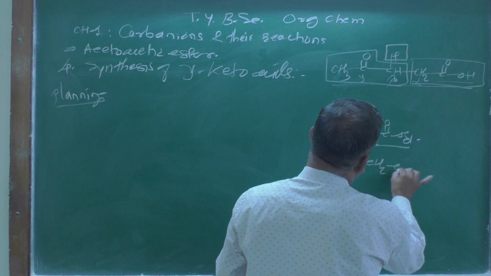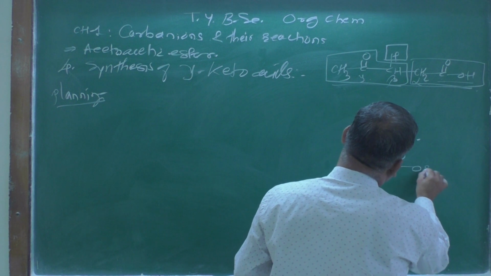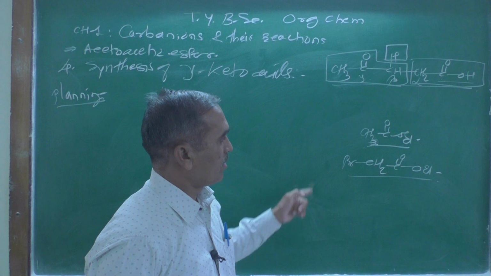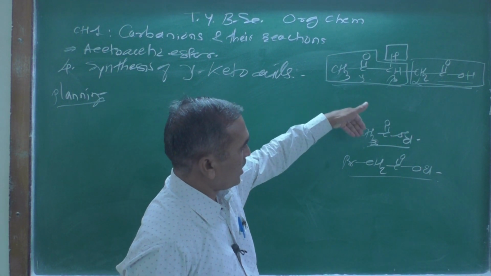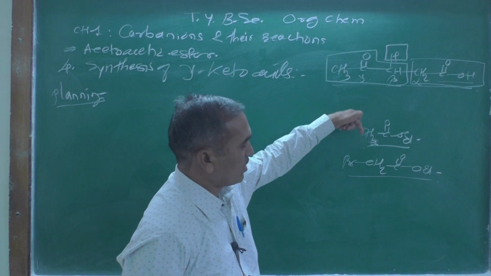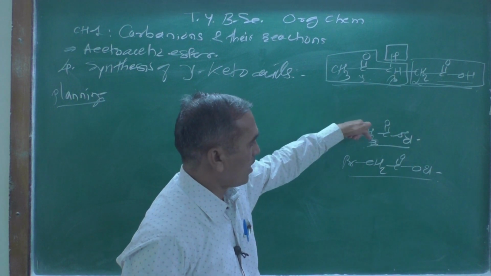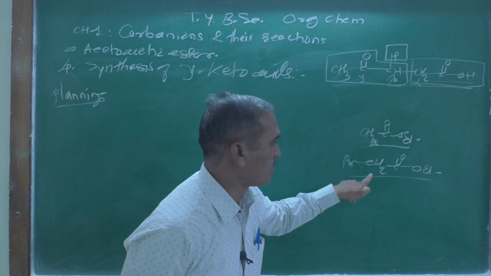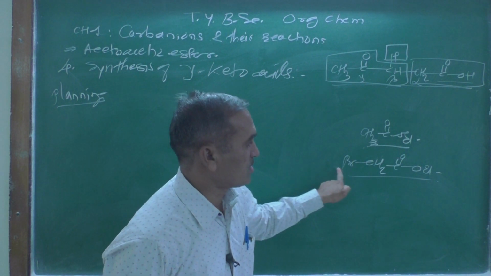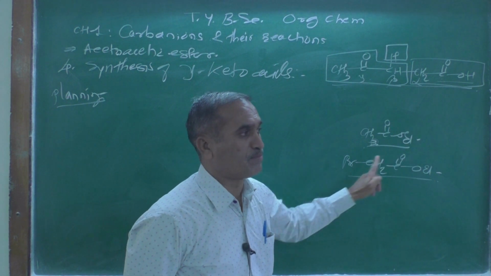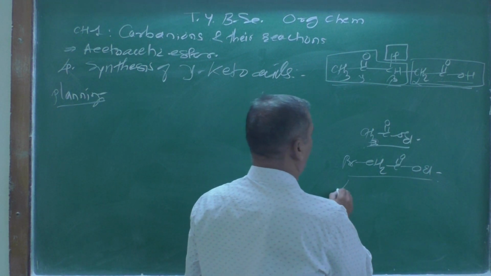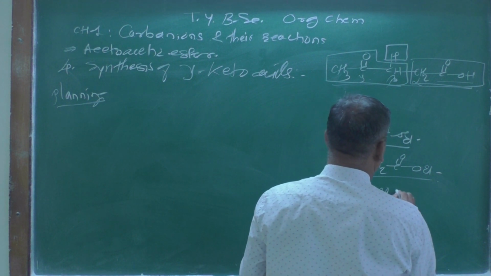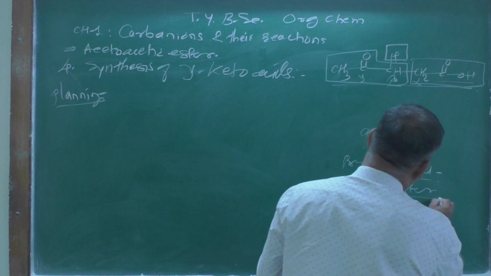Then CH2 double bond O and OEt. What I did here is I have replaced one of the hydrogen atoms by a halide group, particularly a bromine group in this case. And what does this compound become? We now call it an alpha bromo ester, right? This one is an alpha bromo ester.